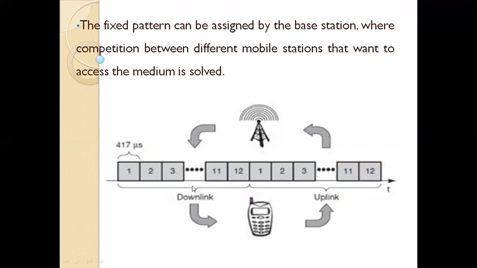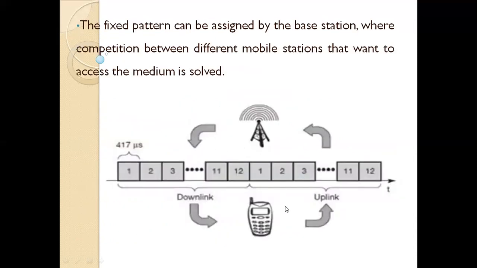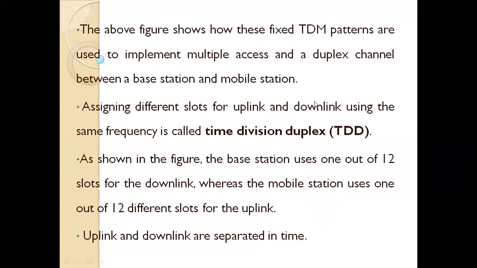The downlink for the mobile station is the uplink for the base station, and the uplink for the mobile station is the downlink for the base station. Assigning different slots for uplink and downlink using the same frequency is called time division duplex, TDD. In FDMA, that is FDD.